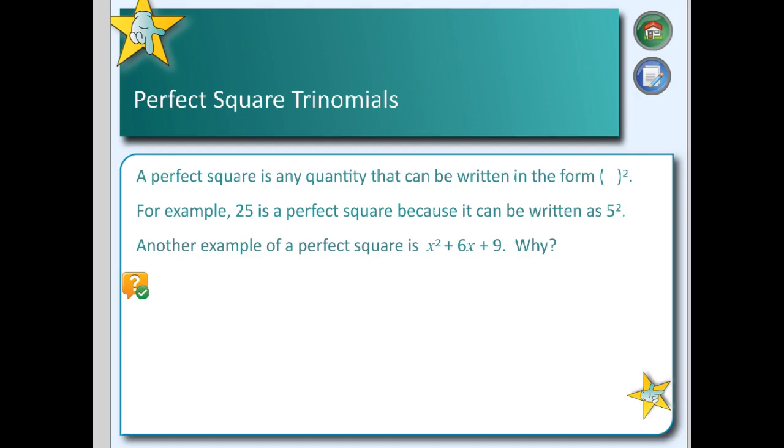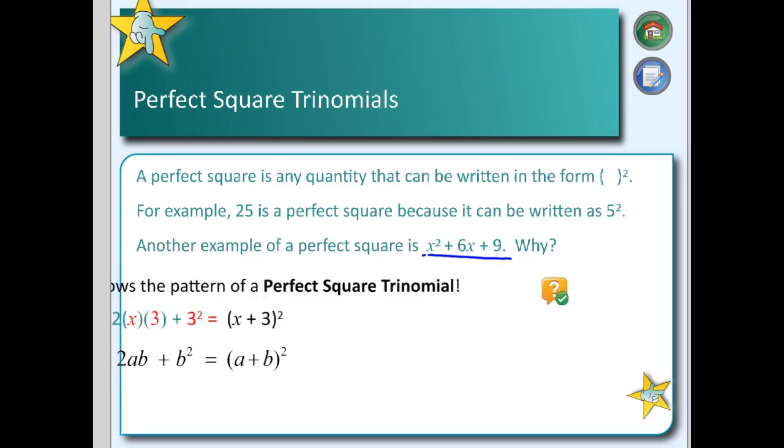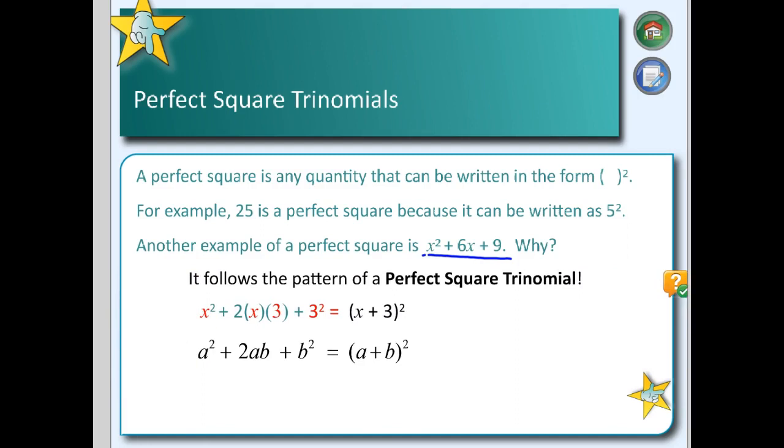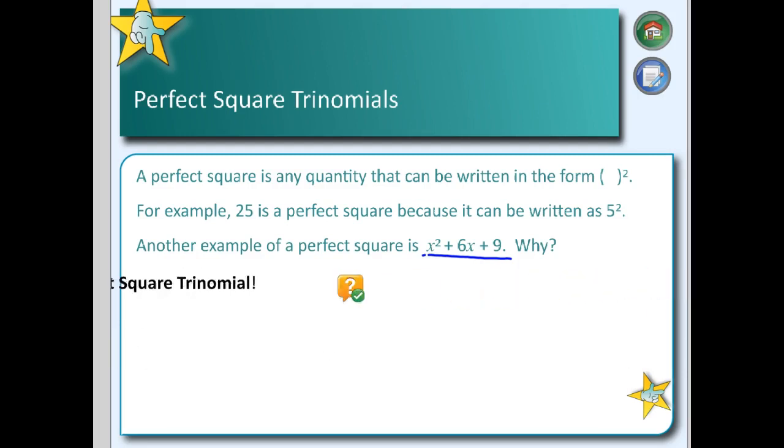Now we're looking at a perfect square binomial, and here's the explanation. It's going to be a little bit hard for us to see there, but if you look, we have to take the first one and square it, and then it's 2 times 3x, plus 3 squared. And so we're going to see this pattern come up over and over and over again.